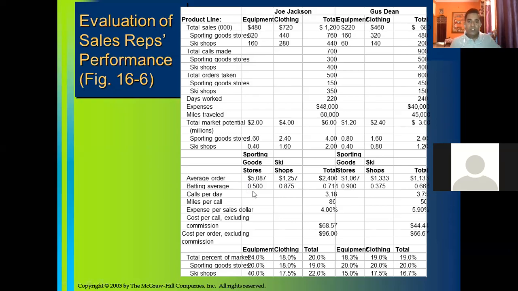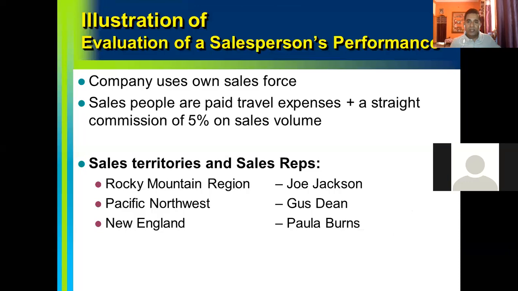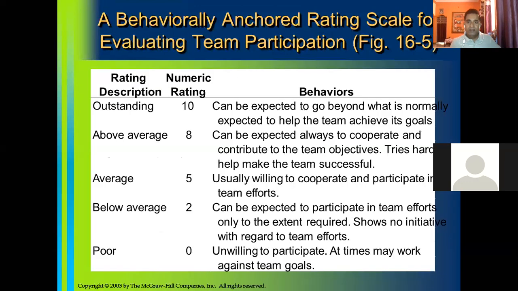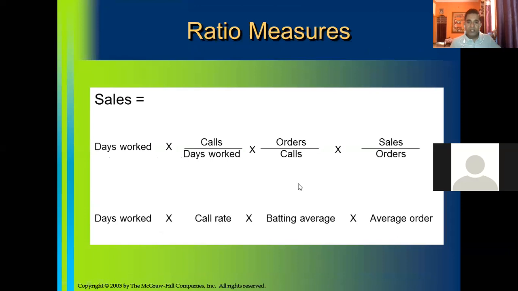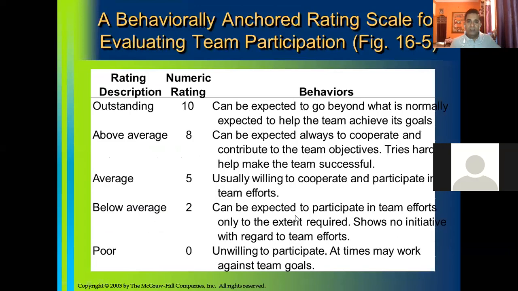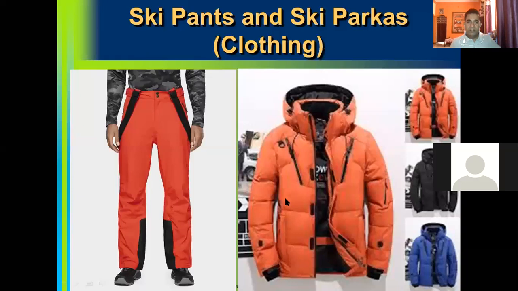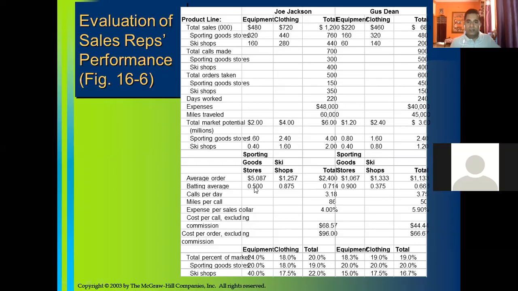And the batting average is total orders taken divided by number of calls made. The batting average of Joe Jackson is 0.5 with respect to sporting goods stores and 0.875 with respect to ski shops.